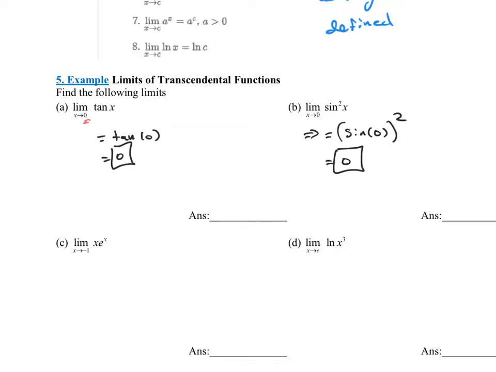It says the limit as x approaches -1 of x times e to the x. Okay? So what do we do there? Well, this is a product of x times e to the x, and we know the limit of the product is the product of the limits.